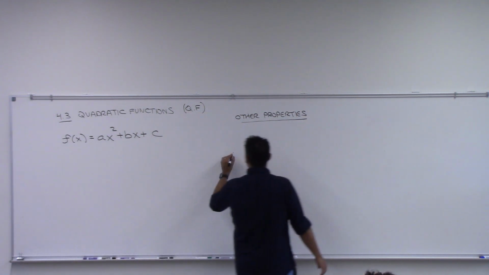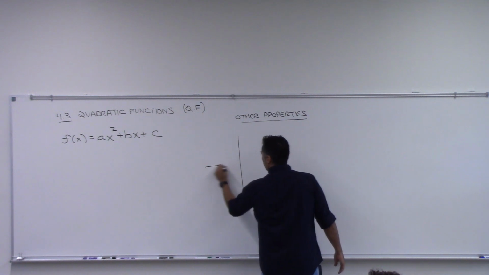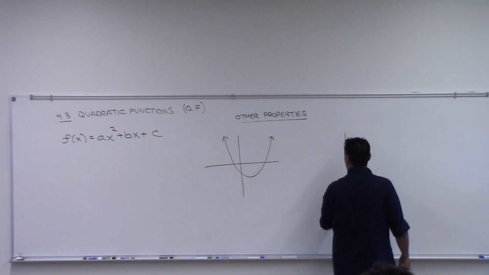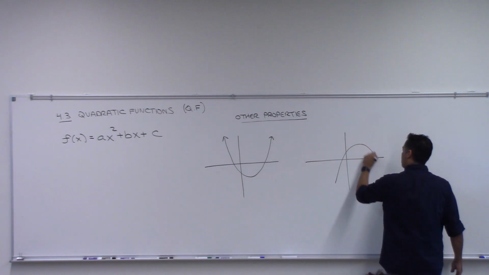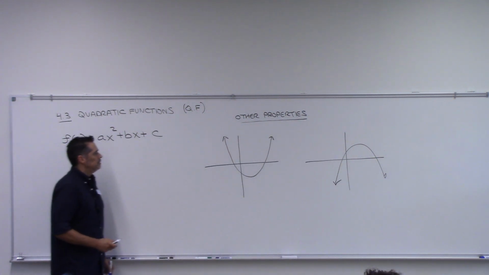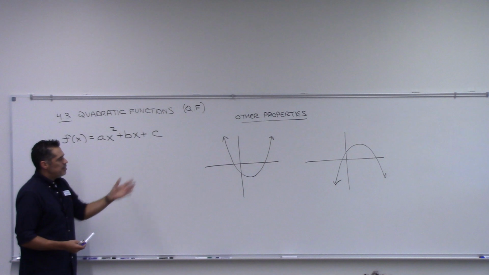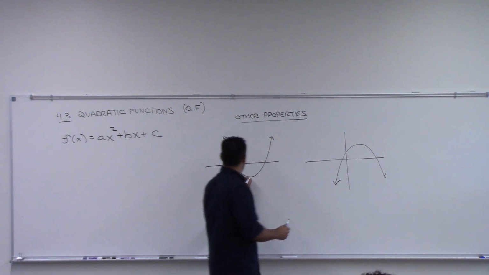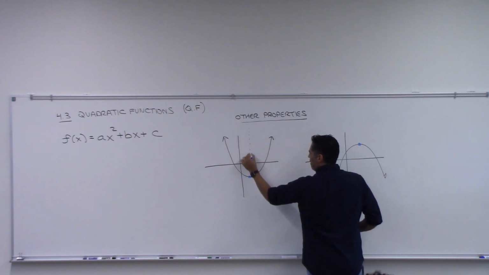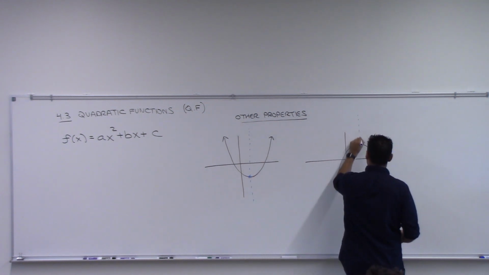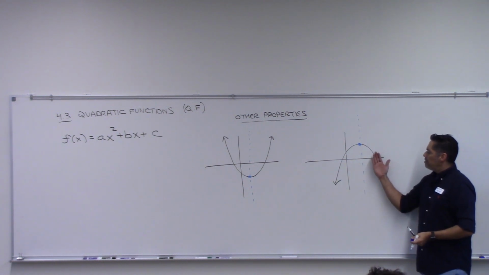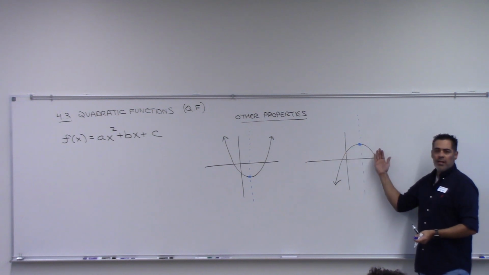All right, other properties. So if we have a parabola, those are the two scenarios. We already talked about the vertex. If you draw an imaginary line through the parabola like this, we can see that for all parabolas, there is symmetry along this dotted line.